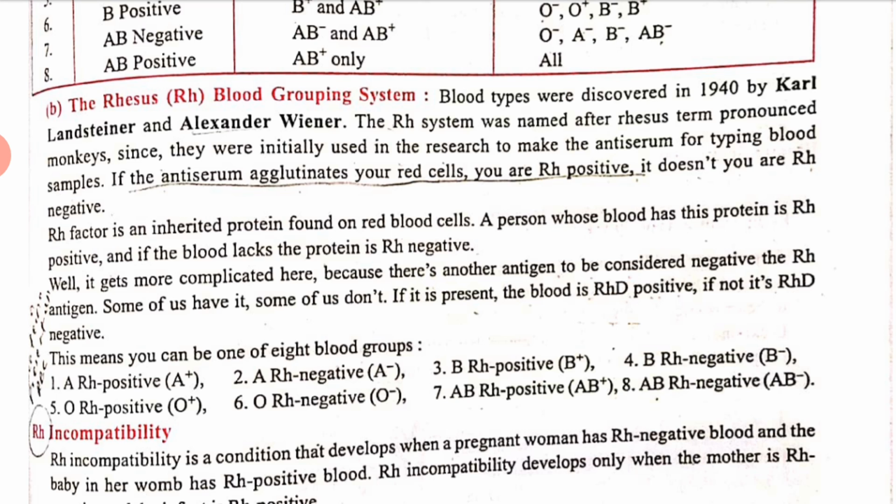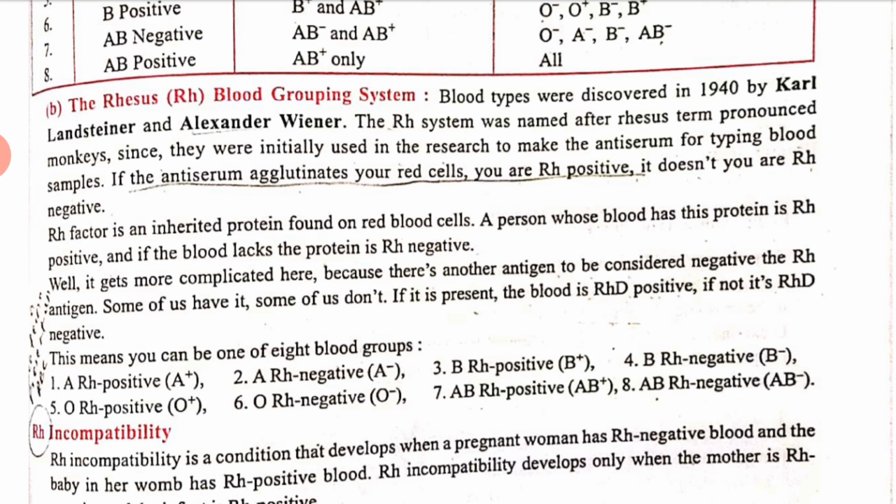Clear? Well, it gets more complicated here, because there's another antigen to be considered, the RhD antigen. Some of us have it, some of us do not. So if it is present, the blood is RhD positive. If it is not, then it's RhD negative.